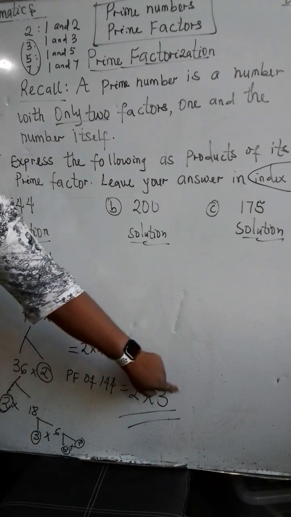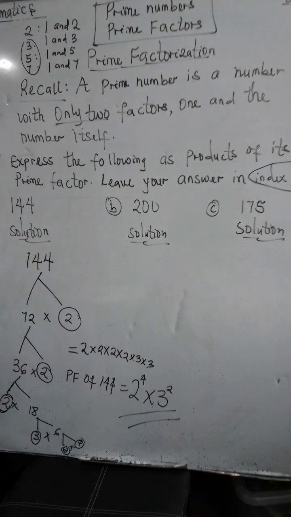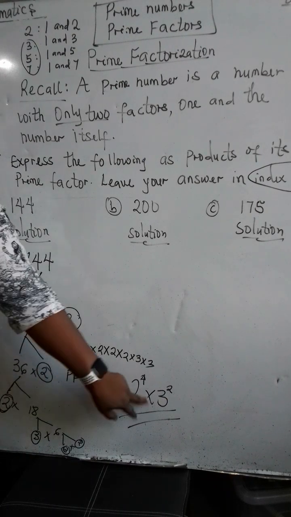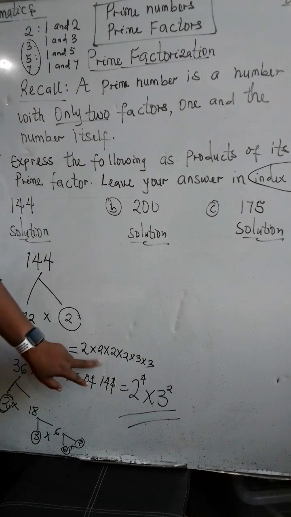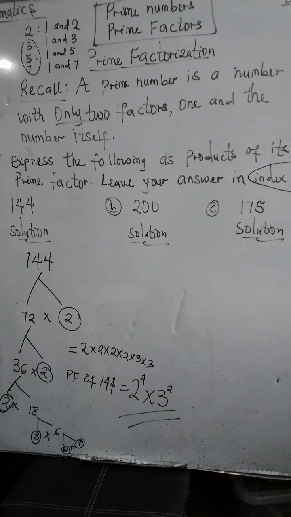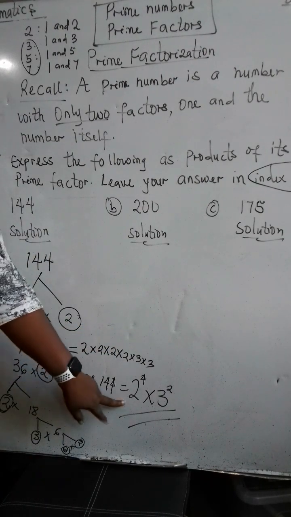And 3 to power 2 is the same thing as saying 3 times 3. So if I say 2 raised to power 4 times 3 raised to power 2, it's the same thing as the other person writing 2 times 2 times 2 times 2 times 3 times 3. Just that while this is in the ordinary form, this is in the what?